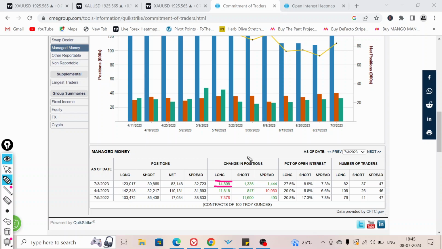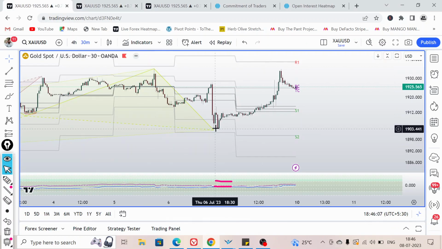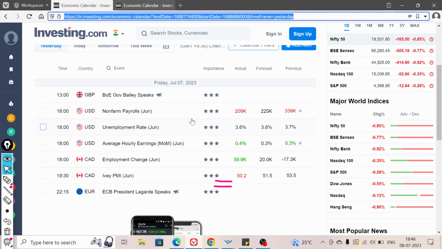So we can expect a good impact of these numbers on the chart. As per the overall sentiment from the COT, we can expect that price may see higher levels, and we already saw this in the Friday trading session, due to the impact of the NFP numbers.